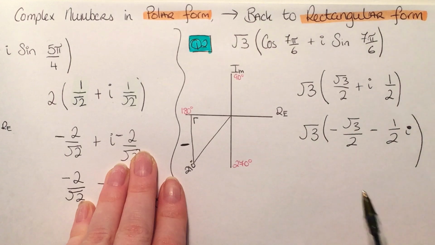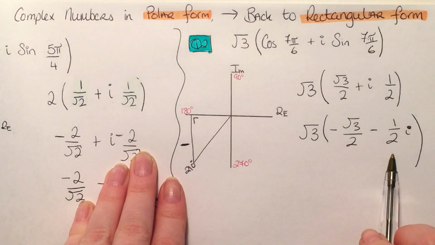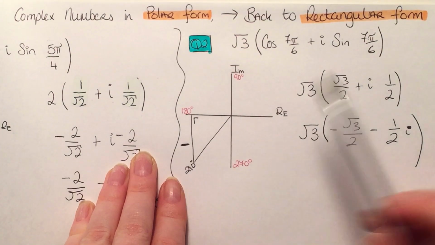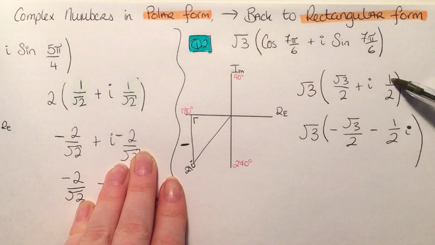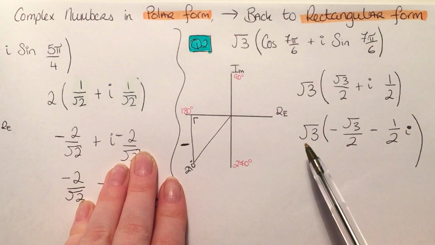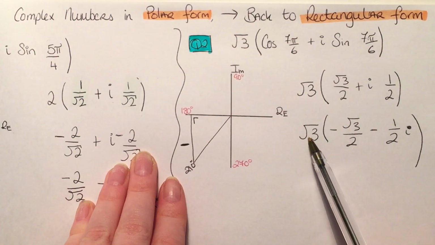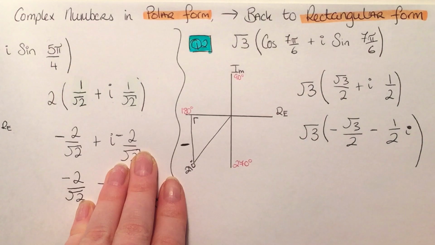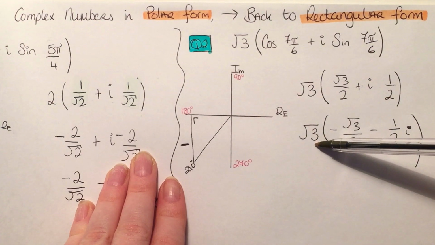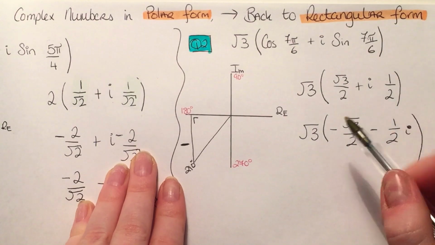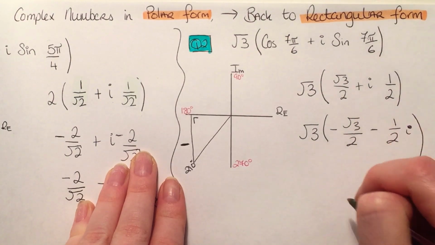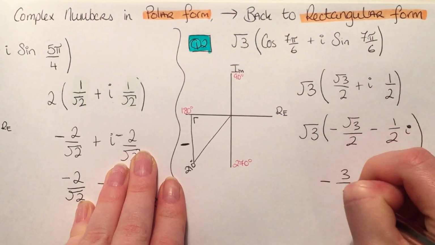So now I know the values, I know where it lies in my Argand diagram, I know the pi over 6, cos is this, sine is this. So all that's left to do is multiply this by root 3, and this by root 3, and that should give me directly to rectangular form. Use your calculator, type in root 3 multiplied by root 3 over 2, and you should get minus 3 over 2.